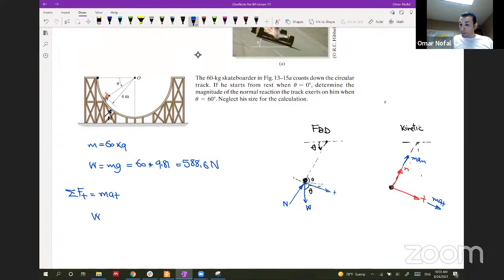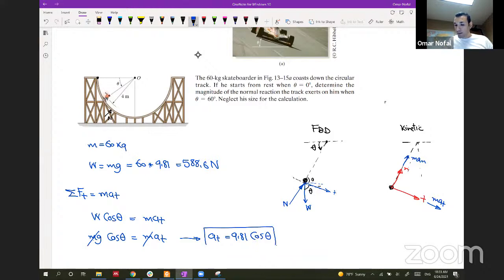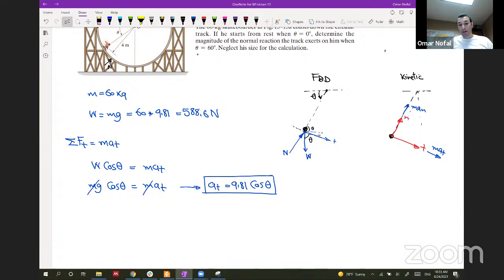So we'll have W cosine theta equal to m a tangent, similar to the last problem. So we have the mass multiplied by g cosine theta equal to m a tangent. We can cancel the m's, so the a tangential will be equal to 9.81, which is the g, cosine theta. So we have a tangent as a function of cosine theta.